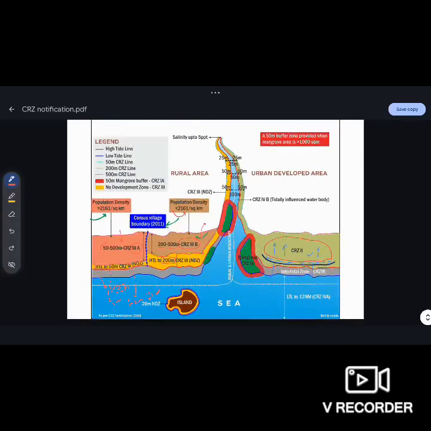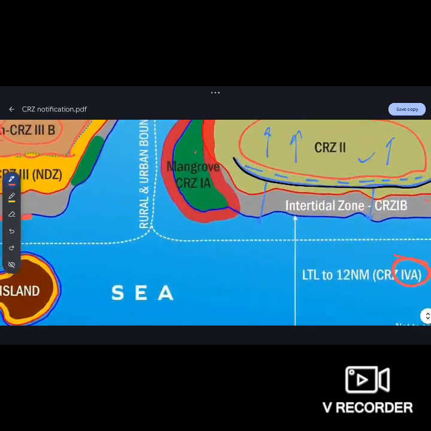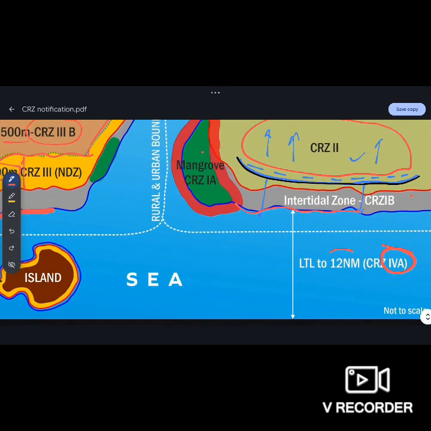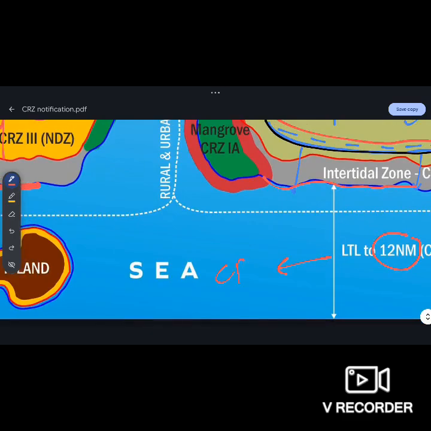So in this diagram, all this blue area is basically representing your CRZ 4A. So from this low tide line, this blue line, to 12 nautical miles on the seaward side, we have CRZ 4A.